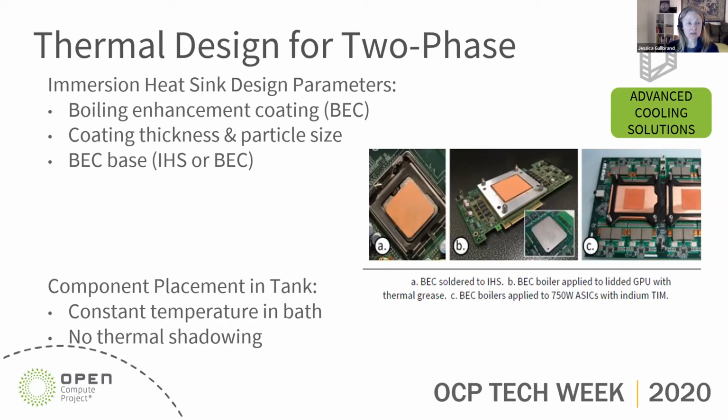The BEC base can either be directly on the integrated heat spreader, or on a copper plate, generating that BEC design and then putting the coating on top of it.